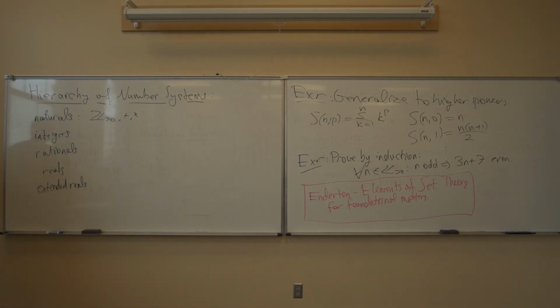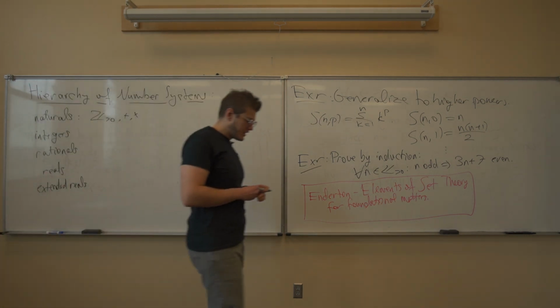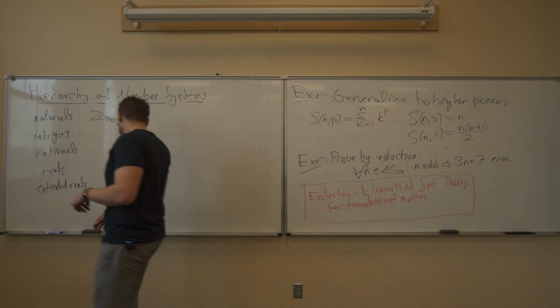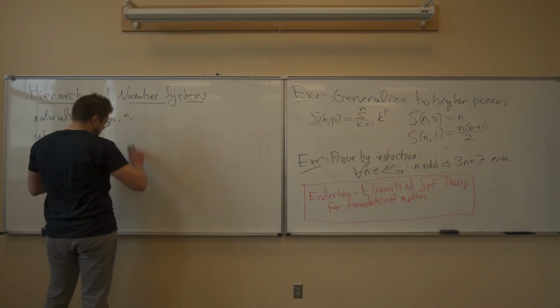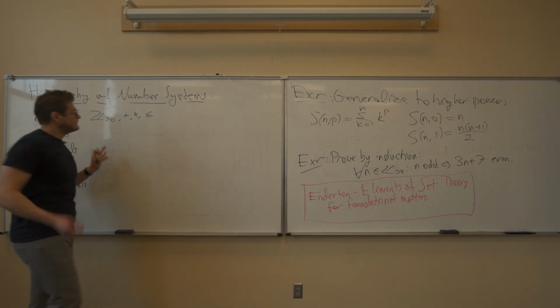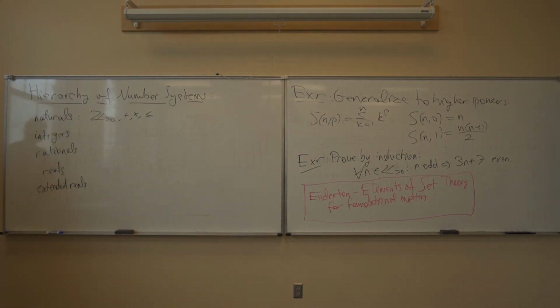You don't have division necessarily because the ratio of two integers, again, is not necessarily an integer. One other thing, of course, is what is called the order structure. Given two numbers, two positive integers, you know which one is larger than the other one.